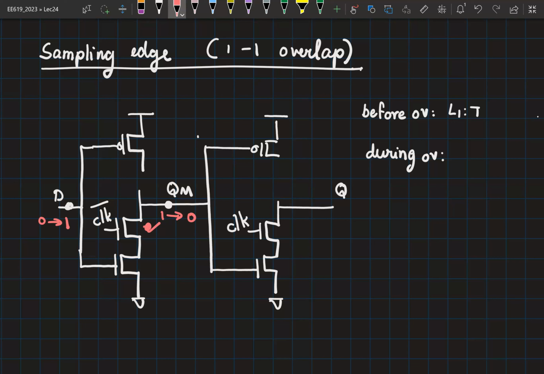You have a 1 to 0 transition, which means the NMOS is now off. PMOS is on, but the PMOS doesn't have a path to Q. So therefore, a 1 to 0 transition at QM is not going to affect Q. So during the overlap, QM can have a 1 to 0 transition, but Q is not corrupted.